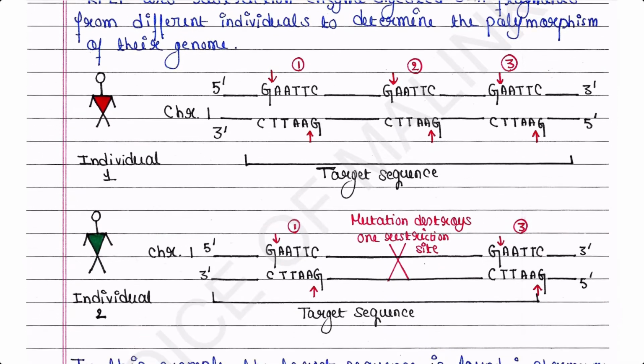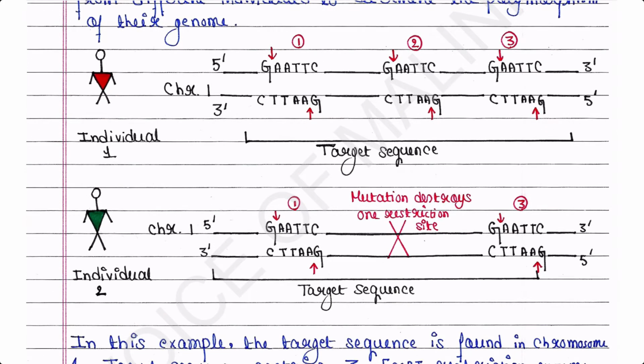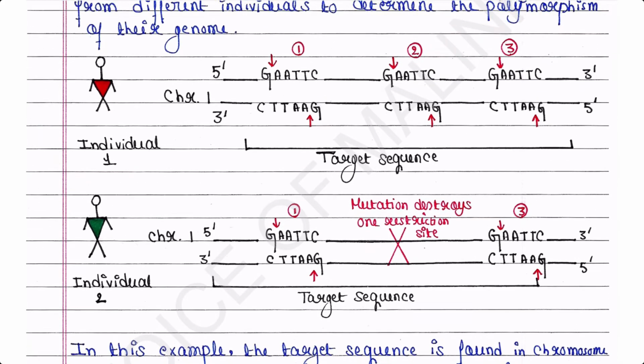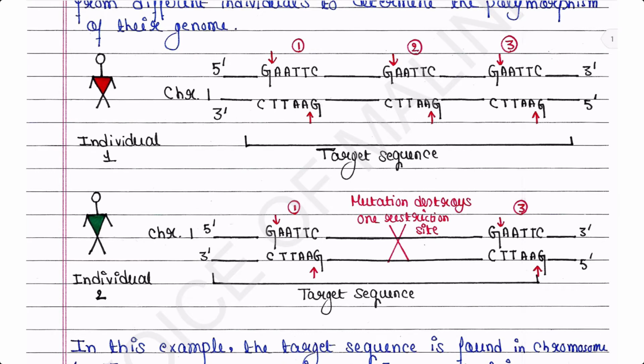So we can see in this example, the target sequence is found in chromosome 1. Here in chromosome 1 we have the target sequence. And the target sequence contains 3 EcoR1 restriction enzyme sites in individual 1.